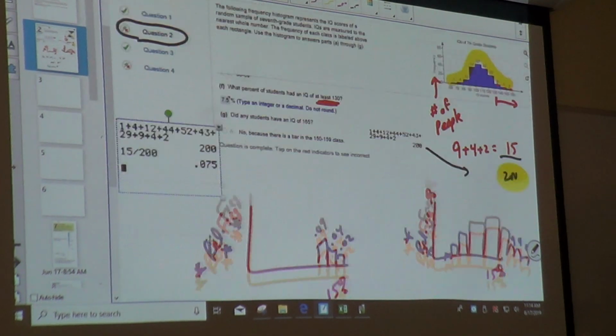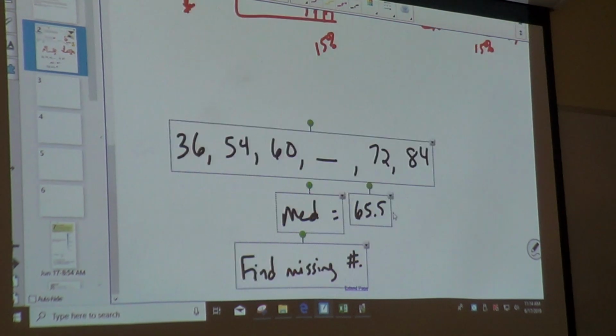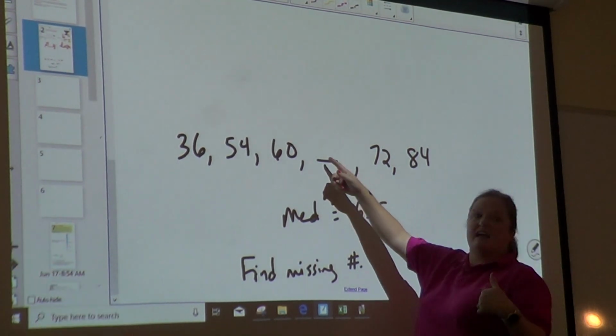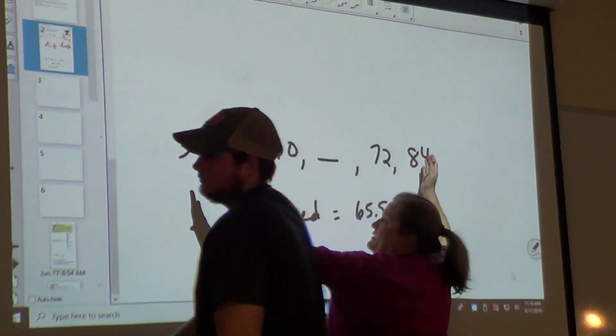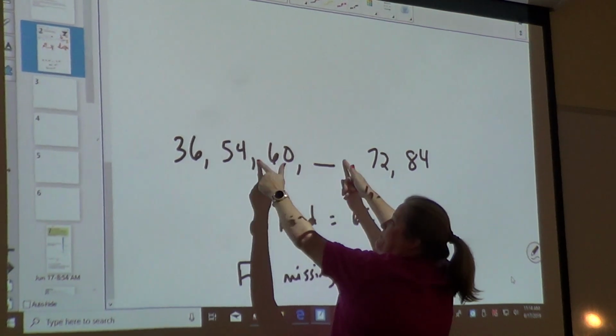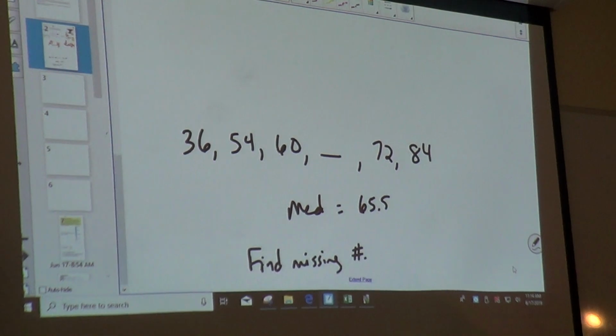Now, another question that was asked, and we can't remember which homework it came from, is, if I gave you a bunch of information and I told you what the median was, and I asked what is the missing number? We know to find the median, we come in from either side, and the median is found by adding the 2 middle numbers and dividing by 2.